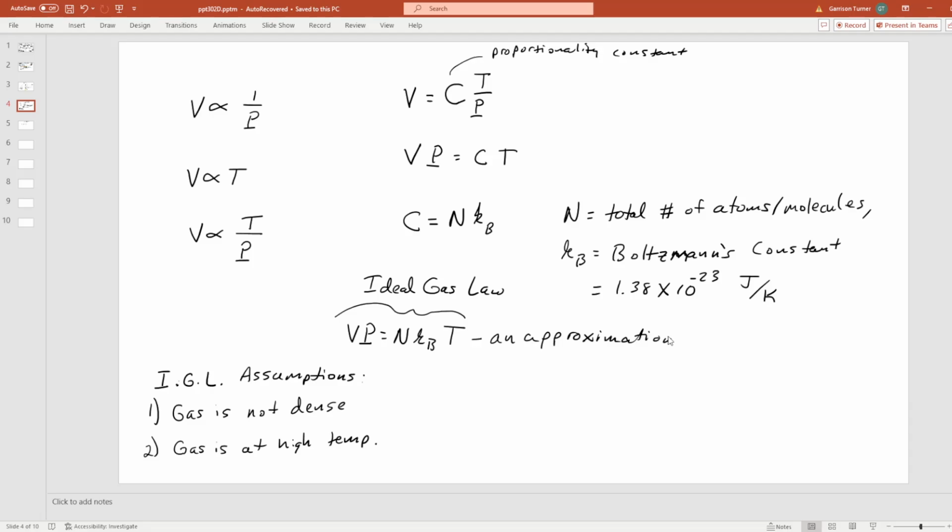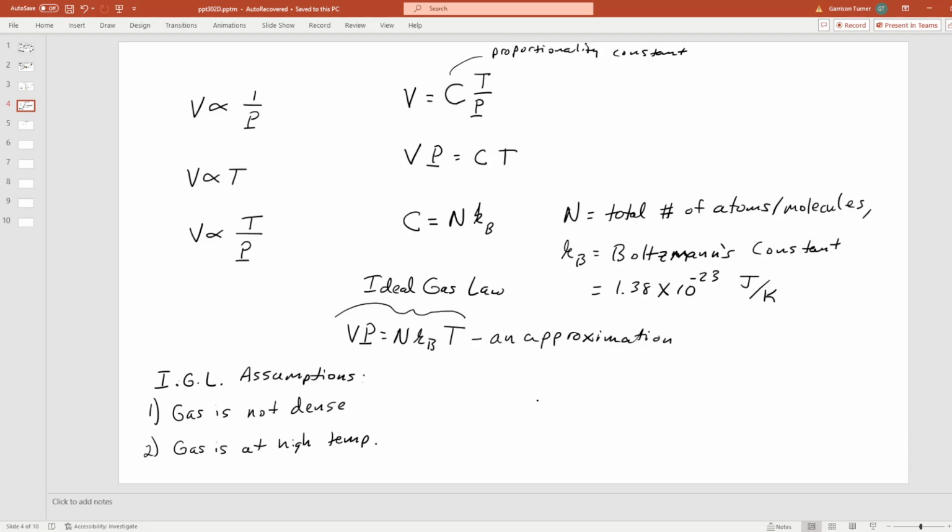And a lot of the gases that you would measure in the laboratory, for example, if you're doing some sort of experiment, particularly at an elementary level, you would get the ideal gas law. Before we go on, let's state how to use this.